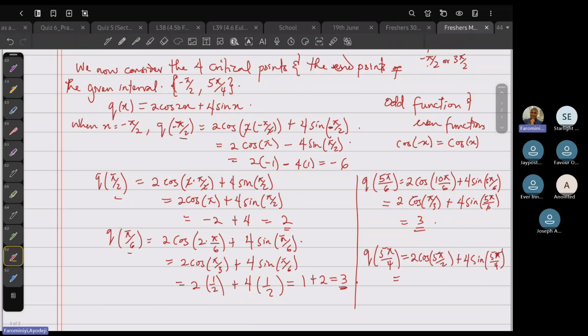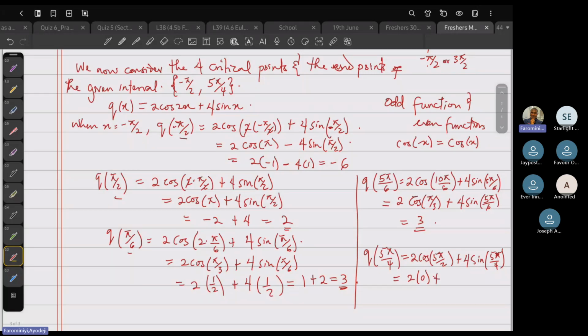Any odd multiple of pi over 2, cosine of it is 0. So this is 2 times 0. You can confirm with a calculator. Cos 5 pi over 2, if we are in radians, that should be 0.